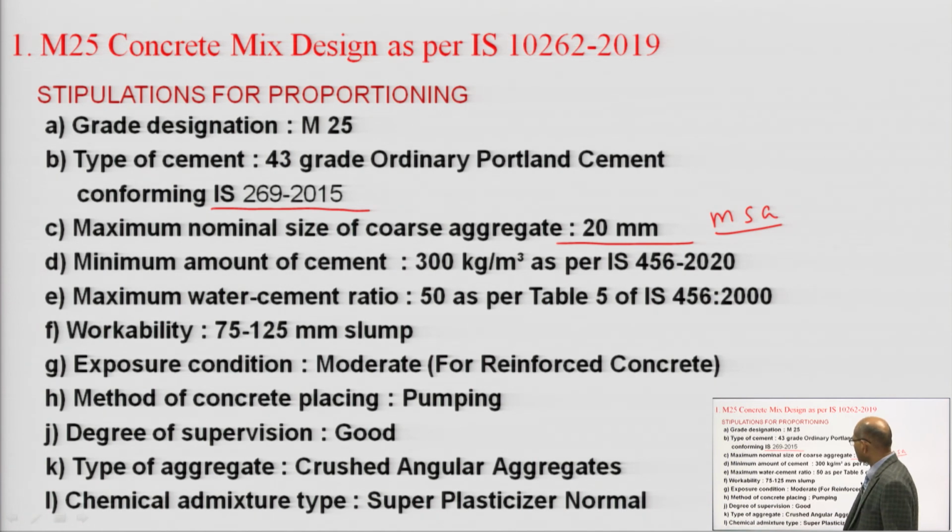We have 5 exposure conditions: mild, moderate, severe, very severe and extreme. Even for mild and moderate we need 300 kg per meter cube of cement for the durability requirements.